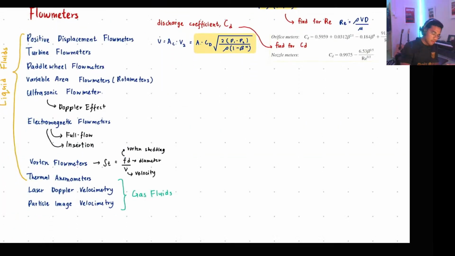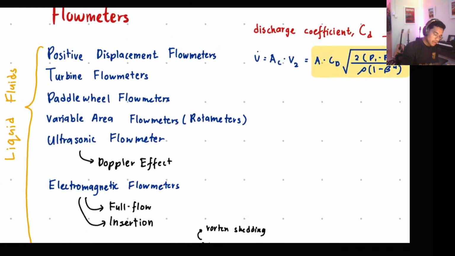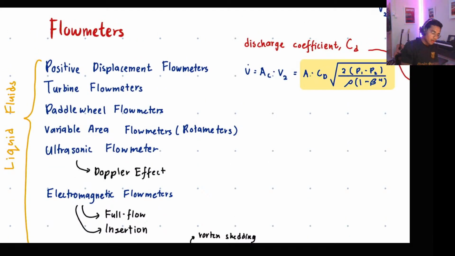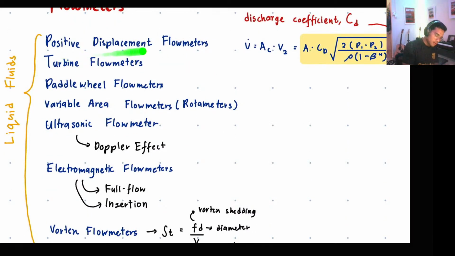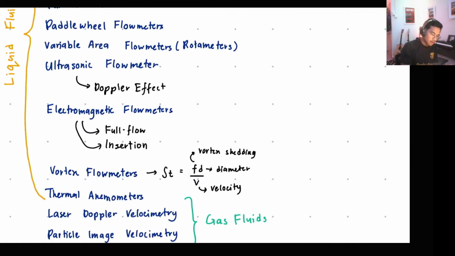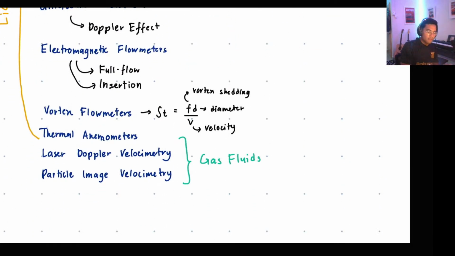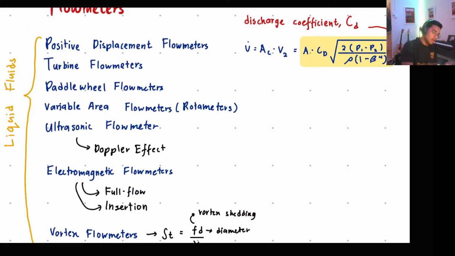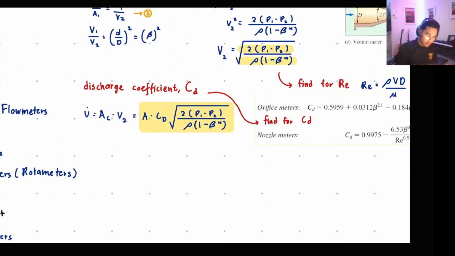Flow meters are just in the textbooks, quite simple. There are a lot: positive displacement, turbine flow meters, paddle wheel, variable area, ultrasonic, electromagnetic, vortex flow meter, thermal anemometers, laser Doppler, and particle image. Usually the bottom three are used for gas fluids. The others are used for liquids.